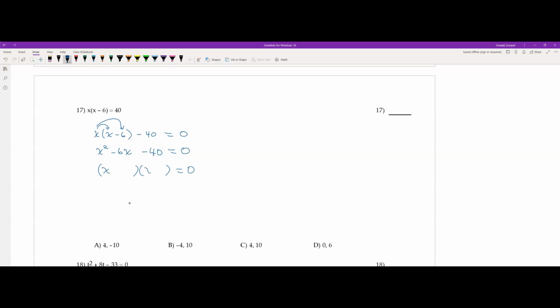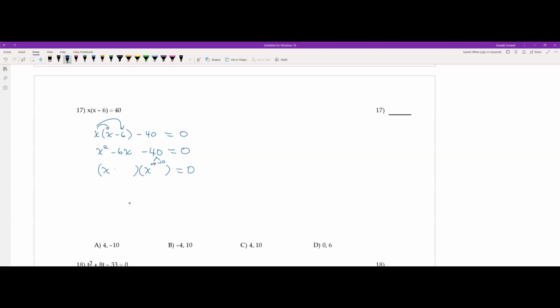And then you go into your factoring mode, and this one's going to be x and x. And then I'm going to use a 4 and 10, right? Because 4 times 10 is going to give me the 40, but I need a sum to be equal to negative 6. So it has to be negative 10 and positive 4, right? To give me negative 40, but also the sum being equal to negative 6.